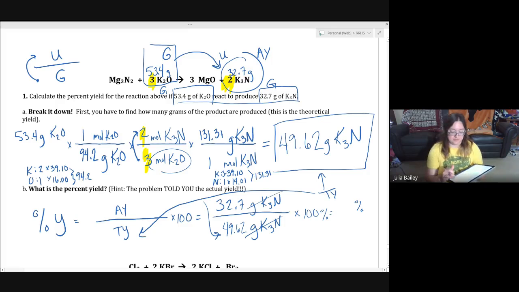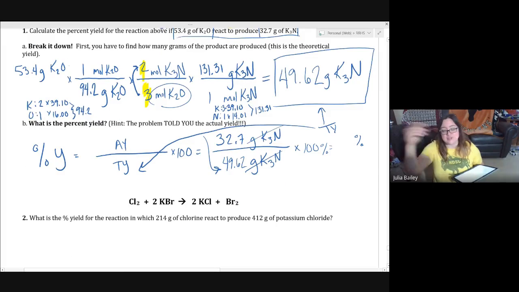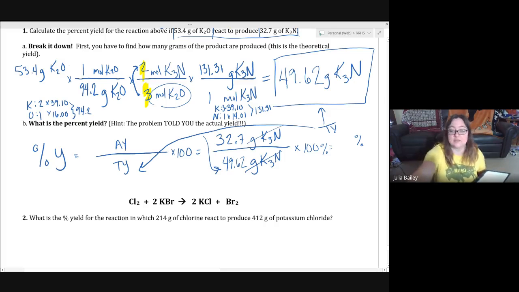So remember, coming back around, we were given an actual yield at the beginning of the problem, 32.7 grams of K3N. That's how much was actually made. Theoretically, we should be able to make 49.62 grams if everything goes perfectly. We did not get everything to go perfectly. We were only able to make 32.7.